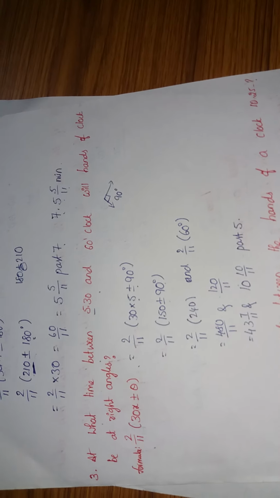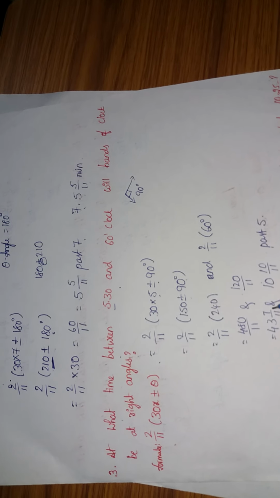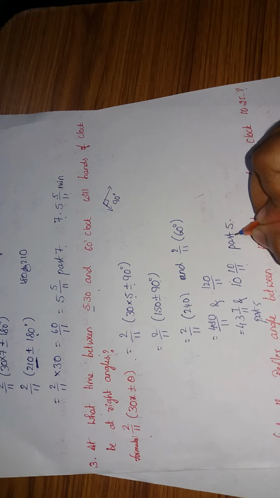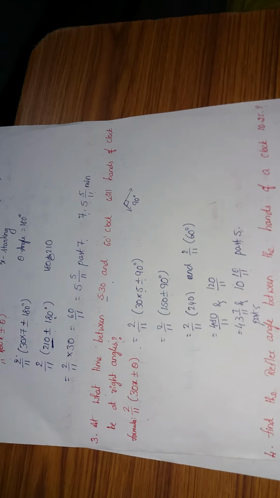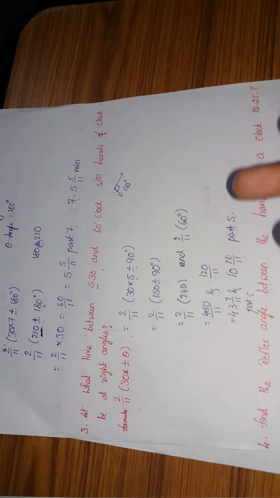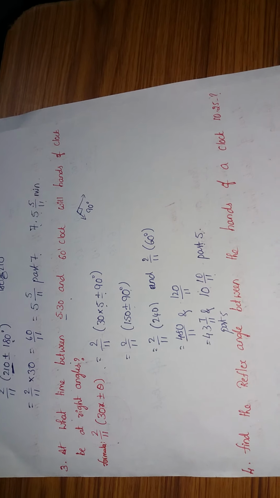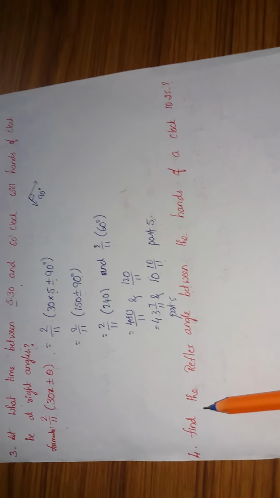So in the options, 43 7 by 11 past 5 or 10 10 by 11 past 5, you can choose either of these two options. Both are correct. Next question.